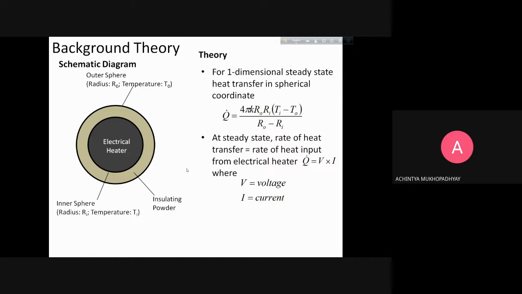Since that is not possible, in the context of rectangular geometry, what does one-dimensional mean? It basically means you have a very large slab where the thickness is much less compared to the other dimensions, so that the major heat flow is along the thickness. But this will be true in general, and it will be violated near the edges.